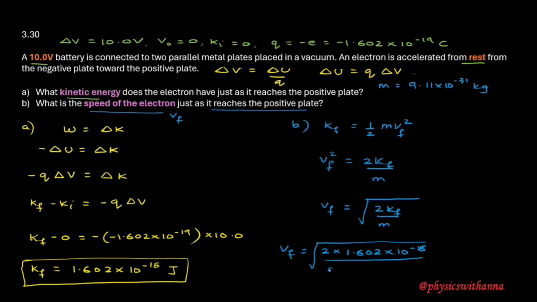Substitute that here. When you solve this, you get the speed of the electron to be equal to 1.875 times 10 to the power 6 meter per second, which you can round off to 1.88 times 10 to the power 6 meter per second.